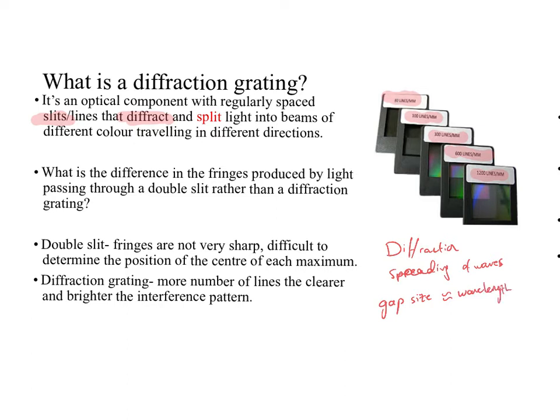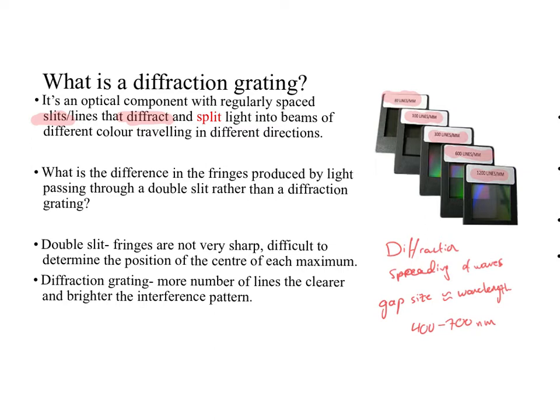So if we're talking about light, then we know light has a range of 400 to 700 nanometers roughly of wavelengths. So we need something similar to that. We need the gaps to be similar to that.